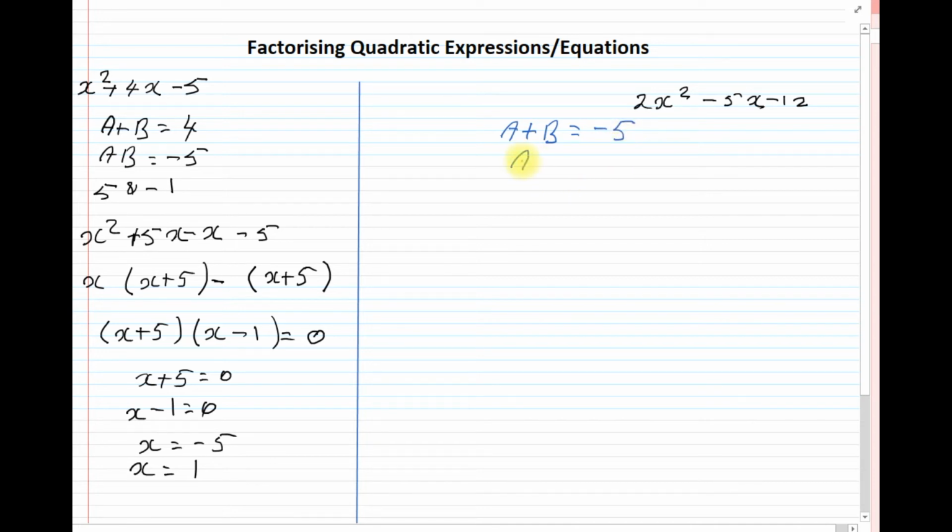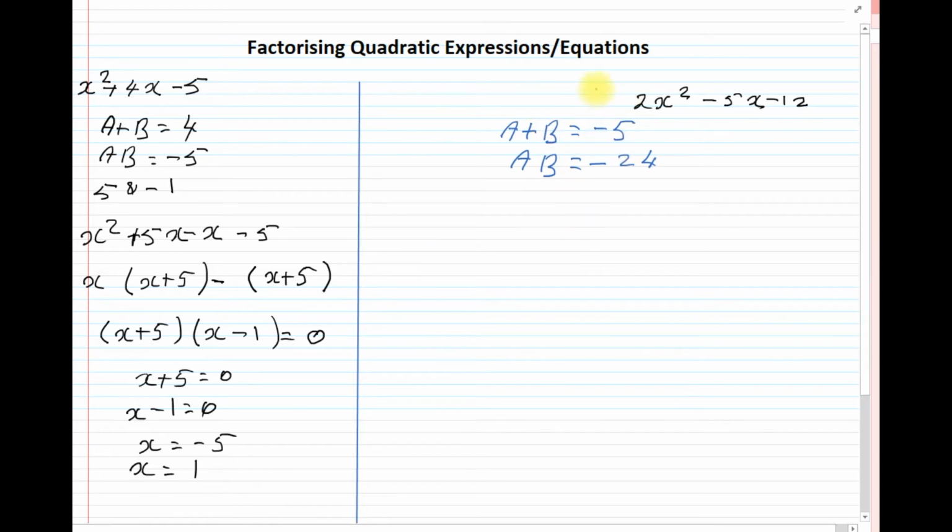But ab, we want it to equal this coefficient of the x squared times our last term, the free term, which is 2 times -12, which in this case will be -24. So here we're looking for two numbers, a and b, which when we add them together, we get -5, and when we multiply them together, we get -24.